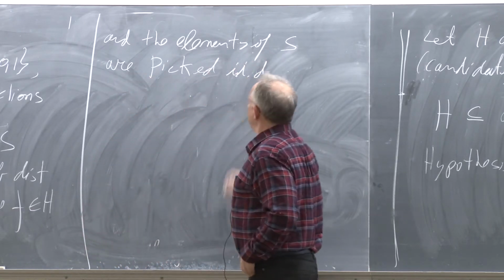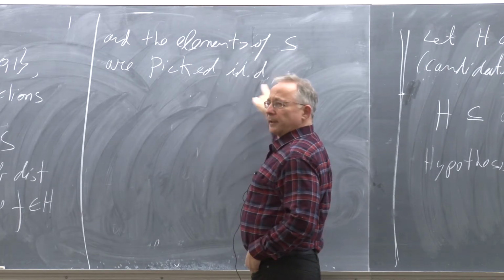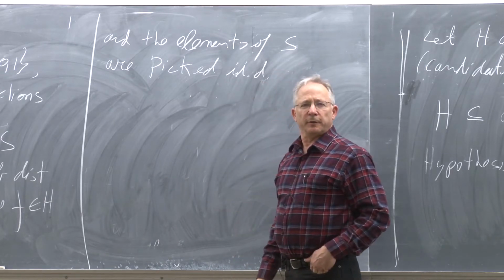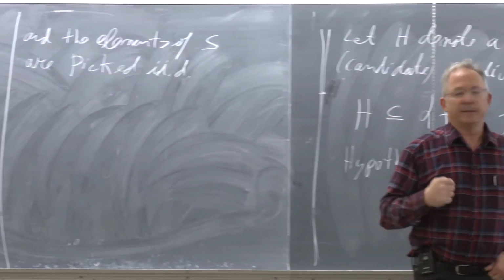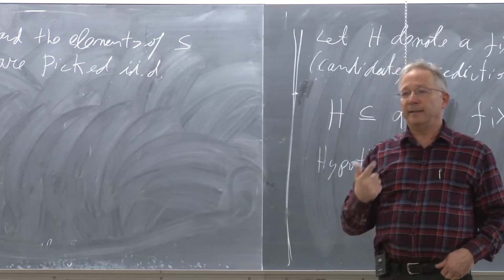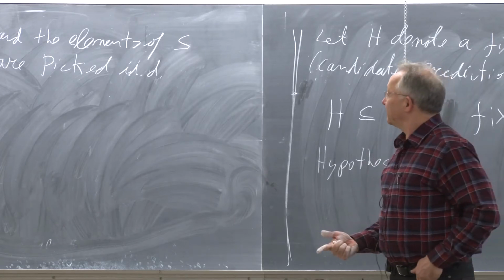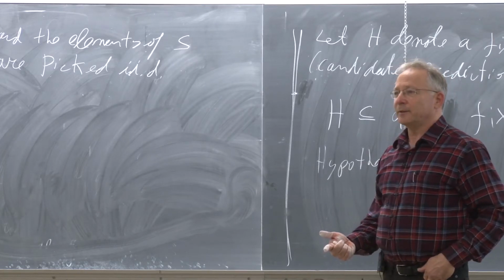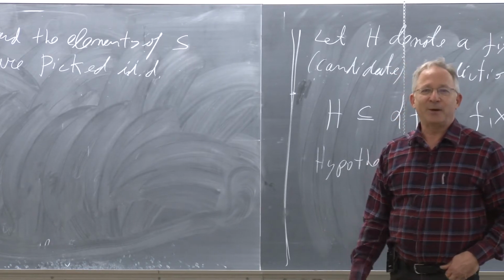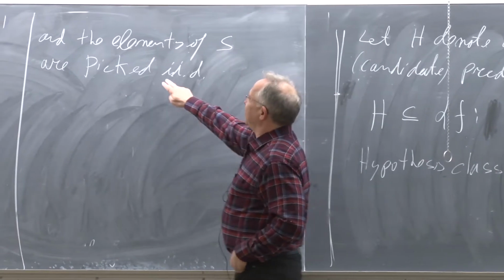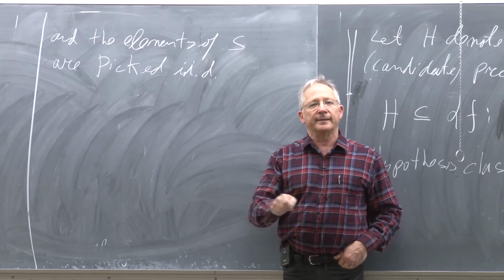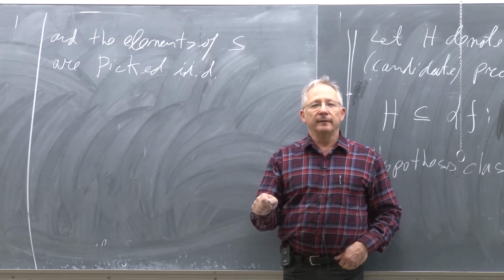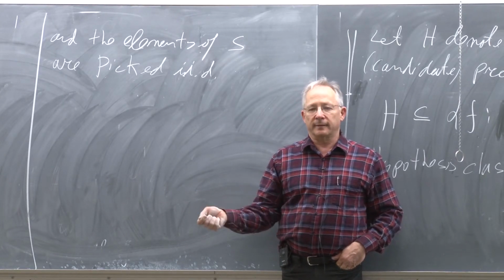So everybody knows what is IID, or some people don't. IID stands for identically independent distributed. What it means is that every xi is picked independently of the others.